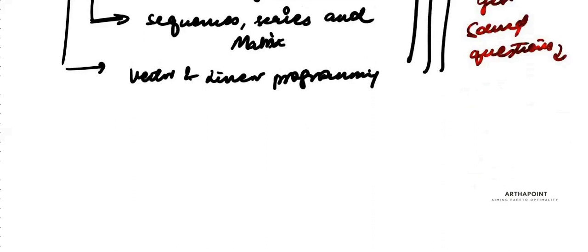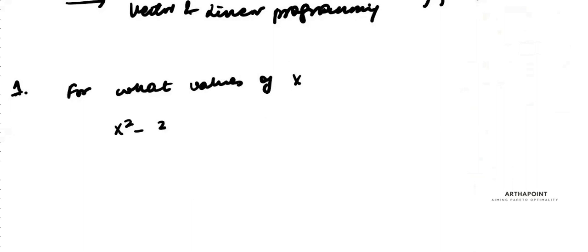Okay, let's go ahead and take some questions for today. So the first question says: for what values of x is x square minus 3x minus 2 less than 10 minus 2x.